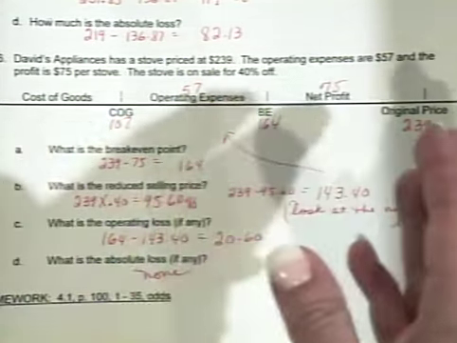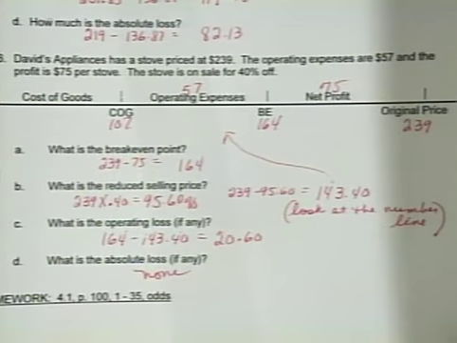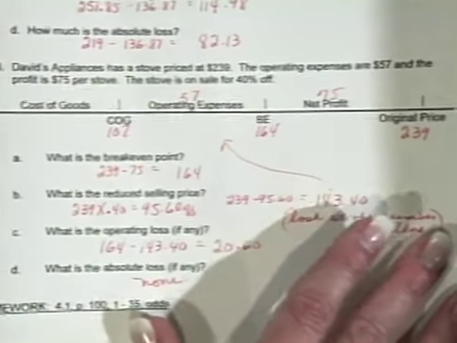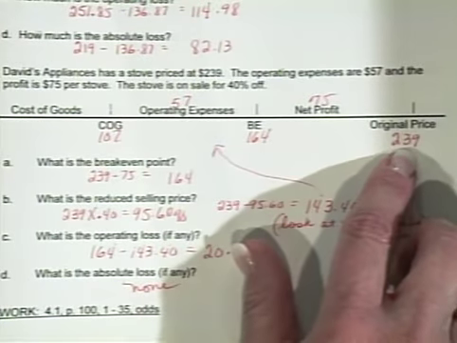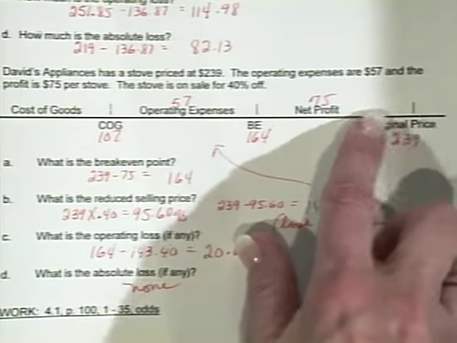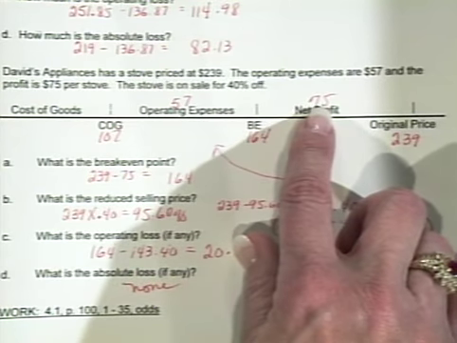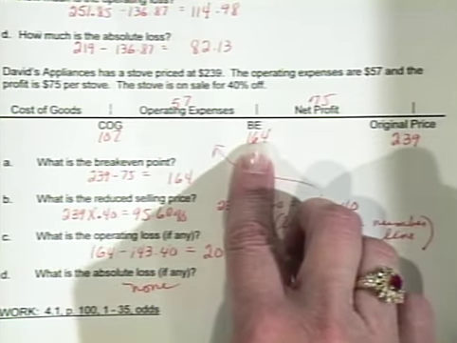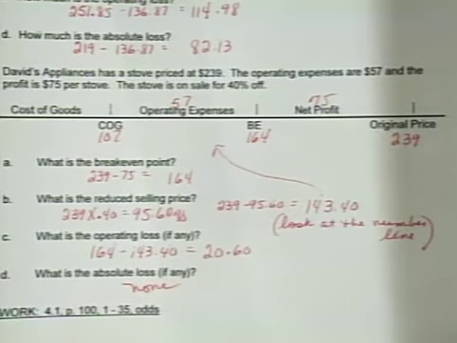And I need to sort of set this up before I can do anything else. I need to realize that if this is $239, which is my original selling price, I had a $75 profit built in. I can back into the break-even point by subtracting and saying that's $164.